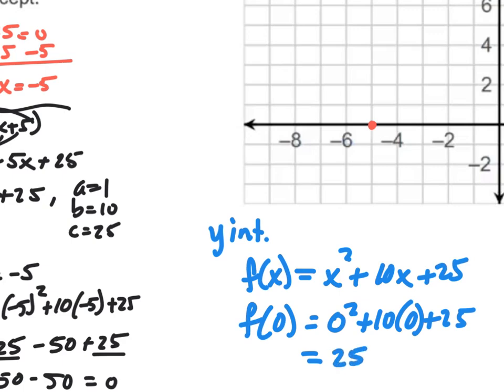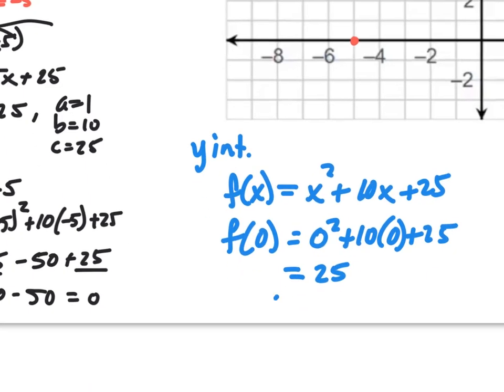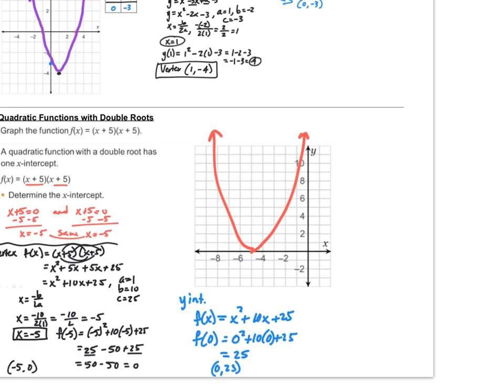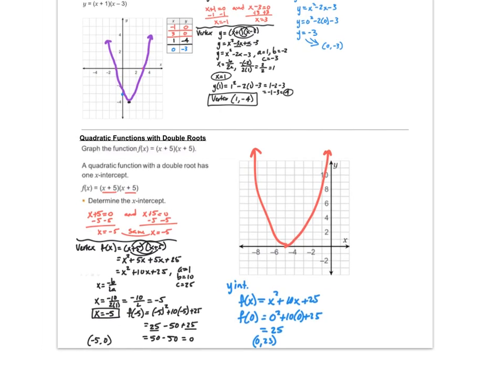So I have the point 0 comma 25, and it's going to be way up here. So if you draw your parabola, just make it look like this. That's the idea. It's kind of an interesting problem, but it is what it is. When you do have double roots, your x-intercept and your vertex are usually the same thing.